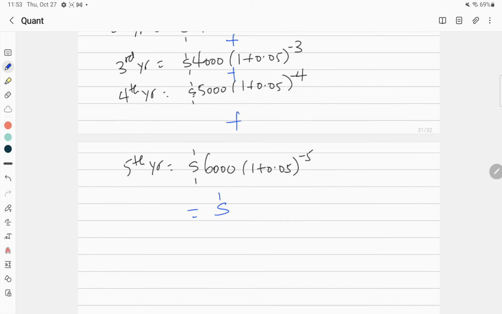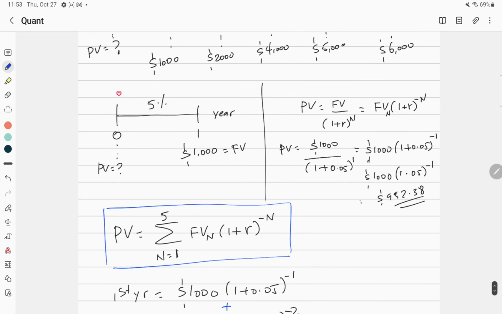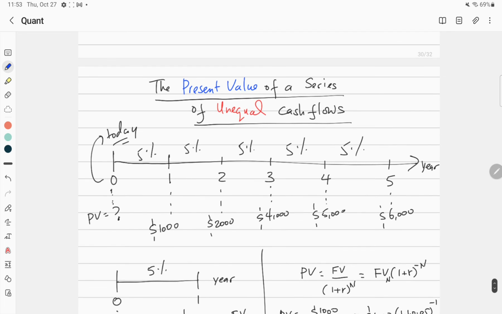about $15,036.46. This is the amount of money that you should invest at t equals 0, so that at 5%, you'll receive these series of cash flows for the next 5 years.